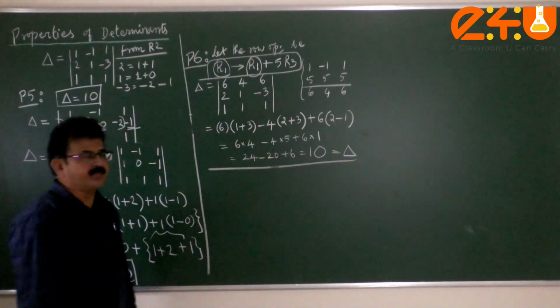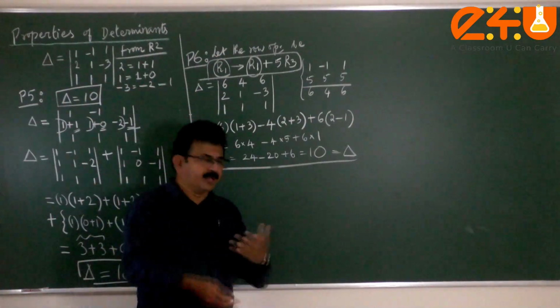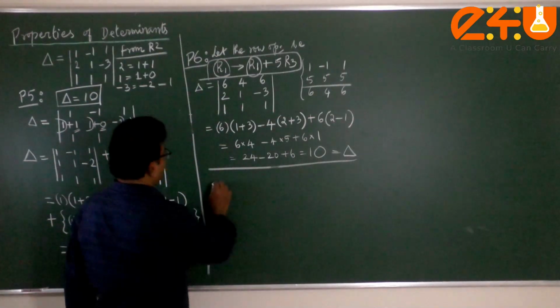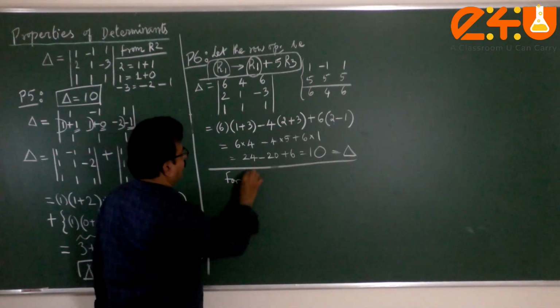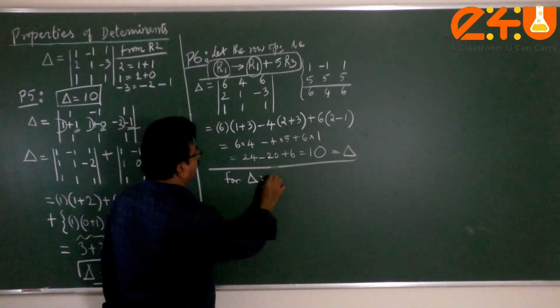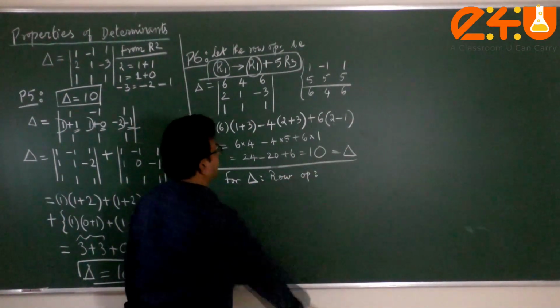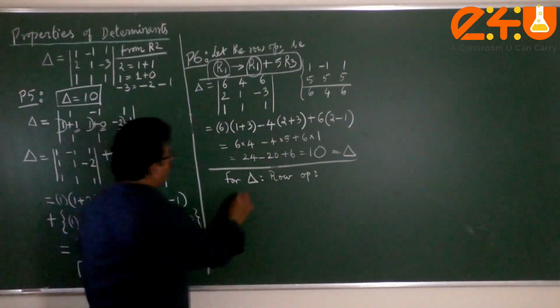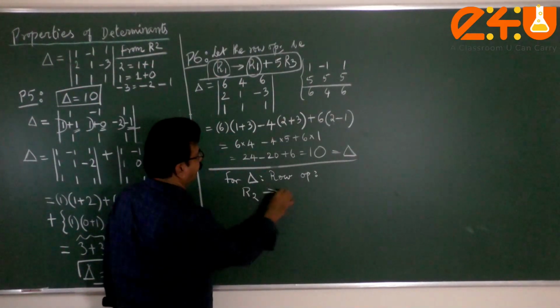Then, that explains property P6, but what will happen if I do any other operation? We can try also. For the same delta, execute a row operation like this. Take R2, for example.